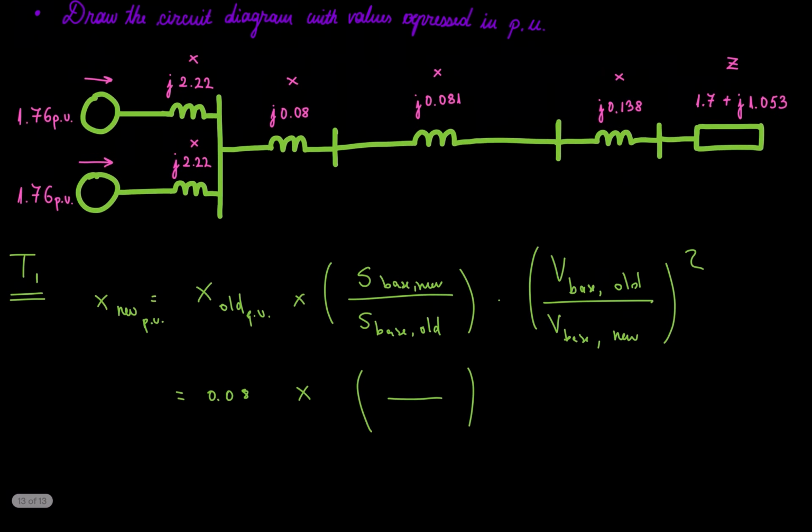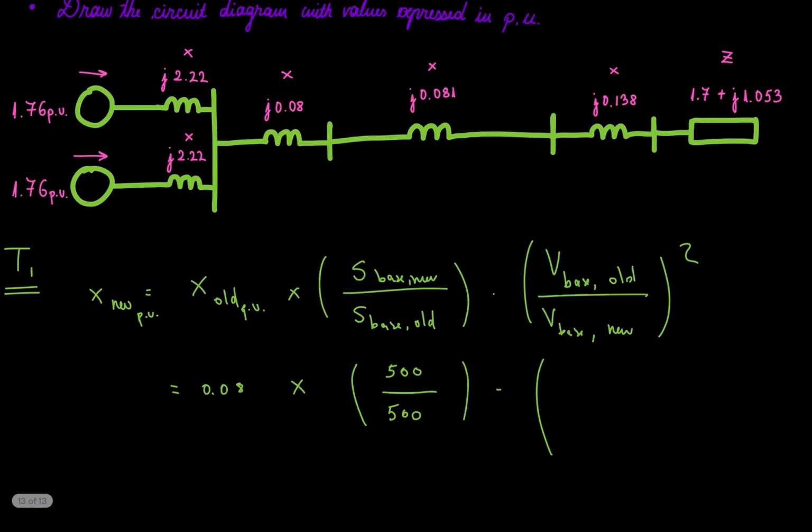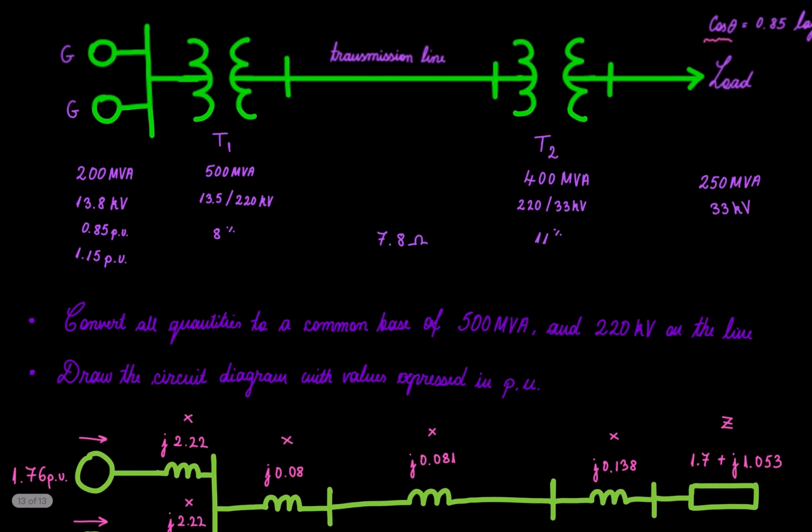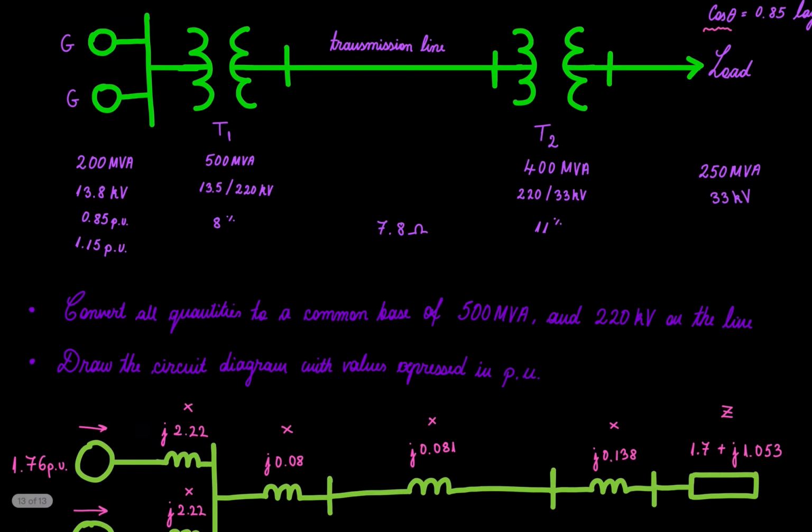So it's just going to be 1, 500 over 500. Now, for the voltage, what's our old voltage? Our old voltage was 13.1 and 13.5, and our new voltage is also going to be 13.5 because we're using that as our base.